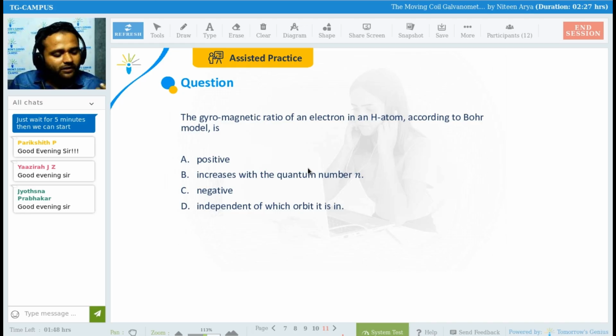You are noting down something somewhere, no? What is the formula for the gyromagnetic ratio? Write it down in the chat box.